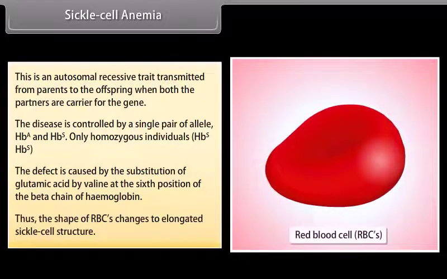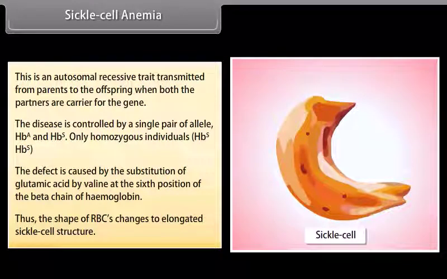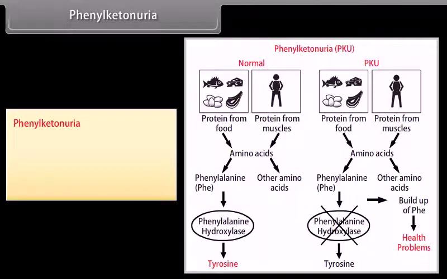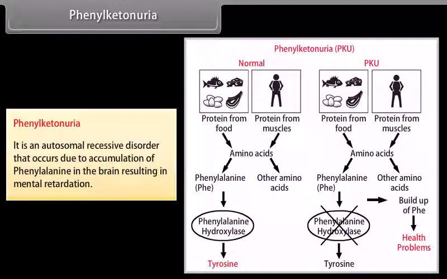Thus, the shape of RBCs changes to an elongated sickle cell structure. Phenylketonuria: it is an autosomal recessive disorder that occurs due to accumulation of phenylalanine in the brain resulting in mental retardation.